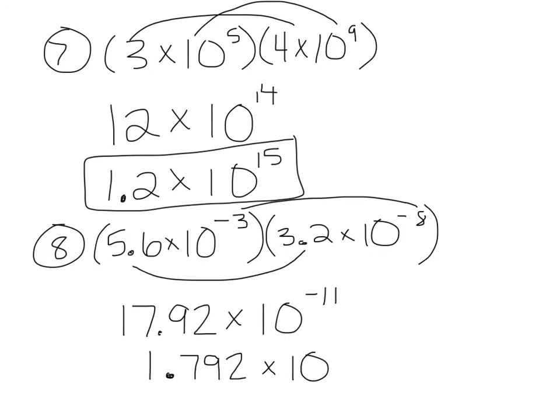This got 1 decimal place smaller, so again this has to get 1 decimal place bigger, so it's going to become negative 10. Remember, negative 10 is bigger than negative 11.